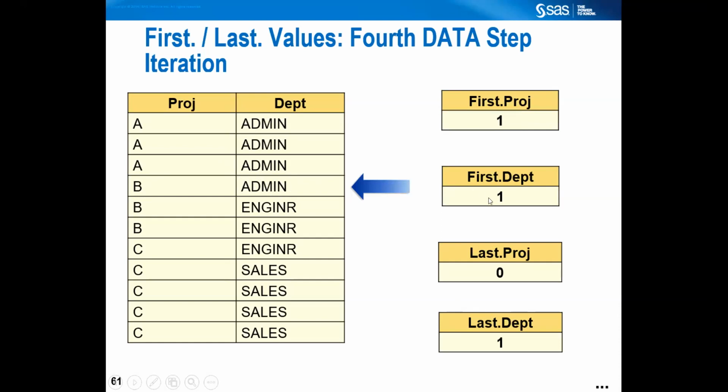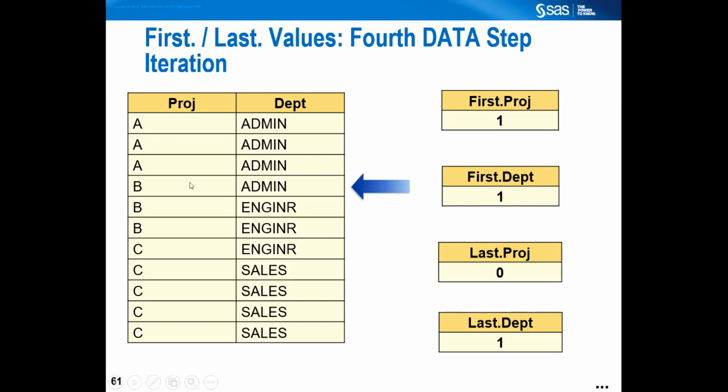But it's showing you 1. Why? Because of your primary value. Because this B is the first observation of this group, the primary variable is forcing your secondary variable to take its value. Hence, its first dot value is 1.